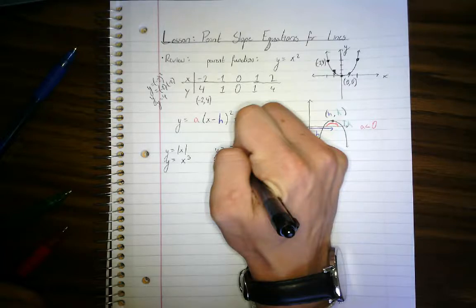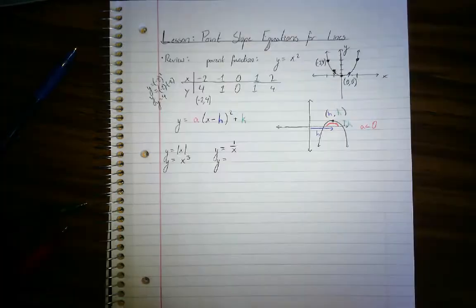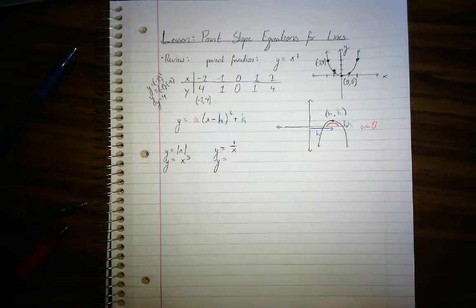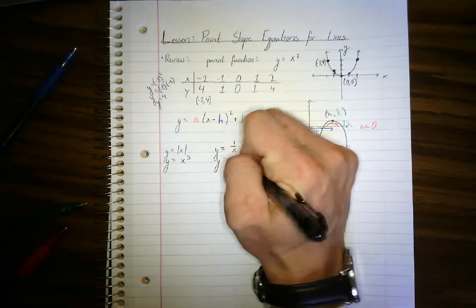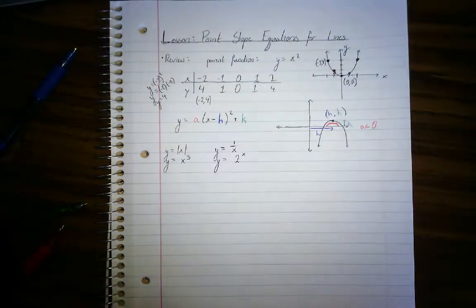So we had our cube, our absolute value, our rational function, and we had, completely blanking right now. Oh yeah, we had our exponential function, of course.